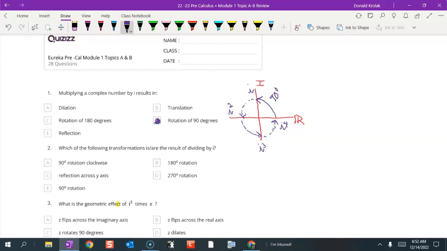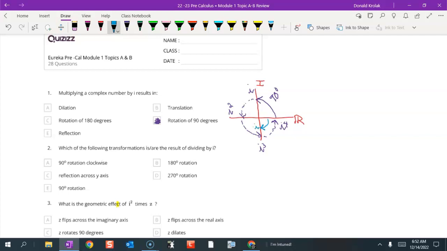Okay, number 2, which of the following transformations is the result of multiplying or dividing by i? So if this is multiplying by i, dividing by i goes the other direction. If I divide by i, I'm going to go this direction.